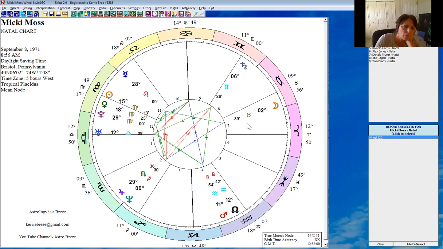So we've got this way we might want to note because it's within 2 degrees, Neptune and the moon. Probably gives you some interests in things behind the scene, finding out, like being investigative. What am I thinking?